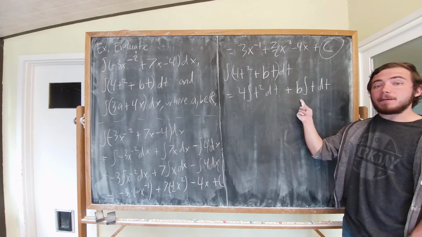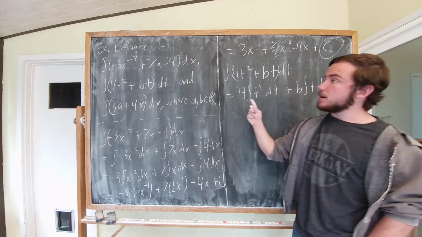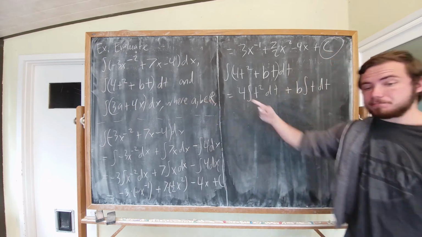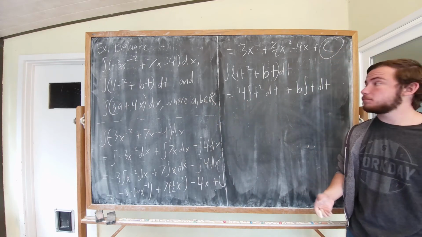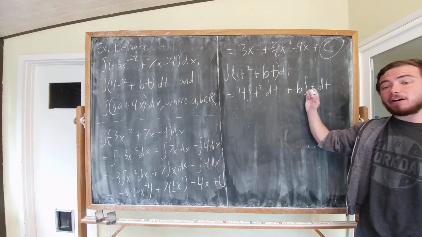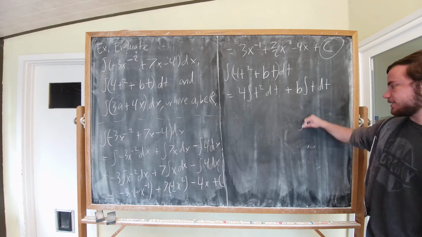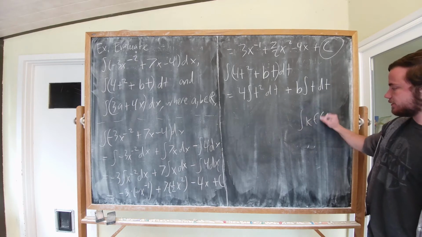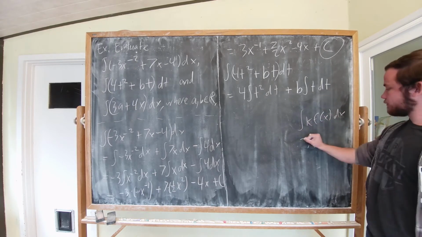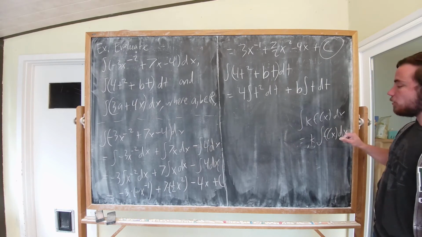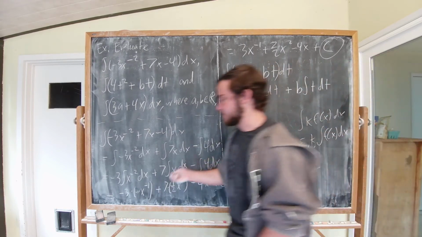Why is the b pulled out? Because the b is just another constant. We don't know what it is. Fine. It still pulls out of the integral sign because that's just how integrals work. They say, well, it doesn't matter what your constant is. It just pulls out no matter what your function and no matter what your constant are.